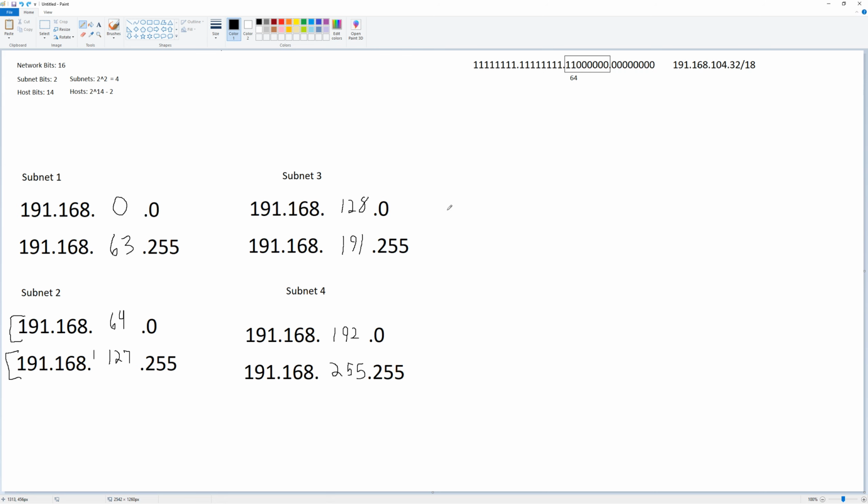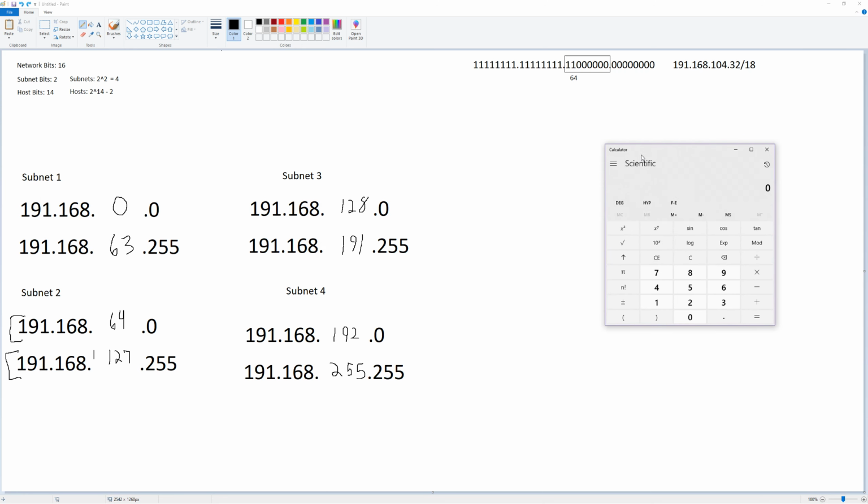So what I was doing in class was, let me grab my calculator here, I was taking 104, which is the octet of interest that we're trying to work with, and I'm dividing it by our magic number, 104 divided by 64.